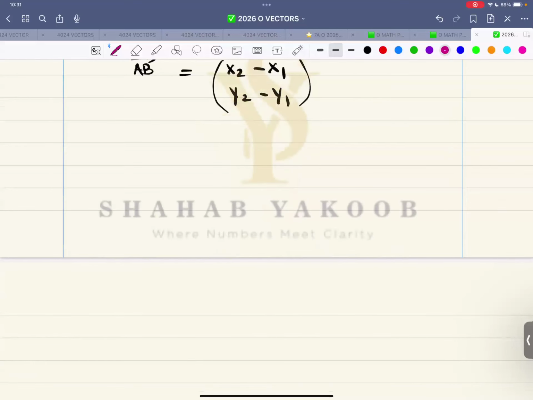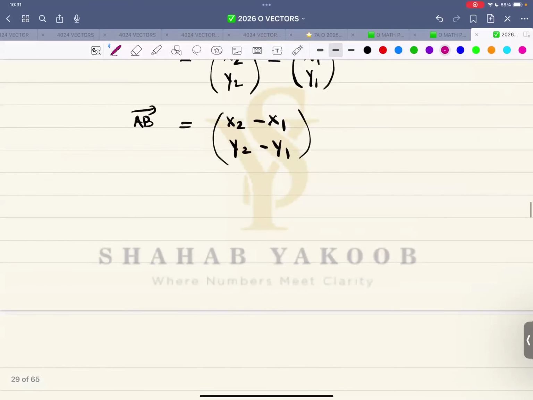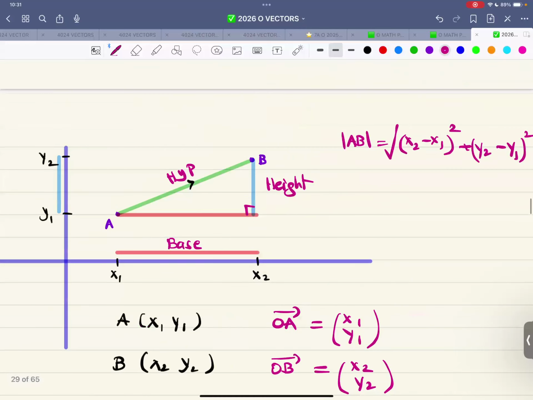And what else is there? If I am interested in the magnitude of AB, so magnitude of AB is x2 minus x1 whole square, y2 minus y1 whole square under root, which is the same thing as distance between two points. So this is another application.